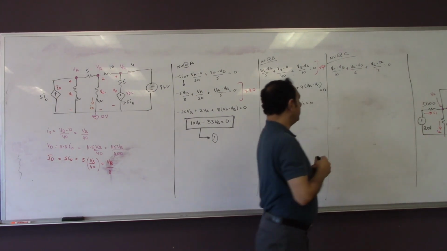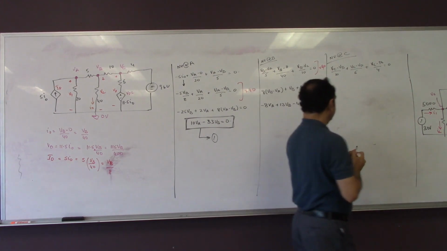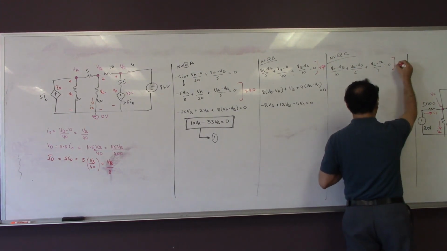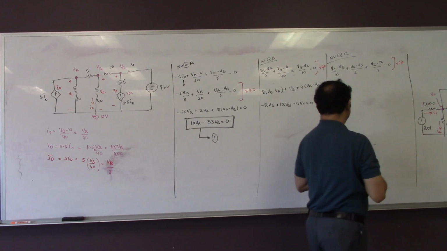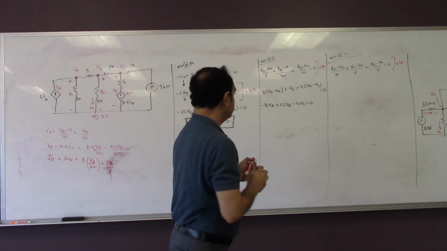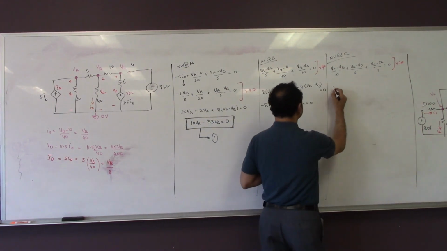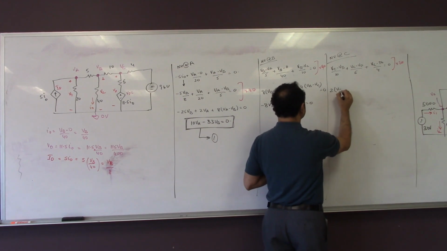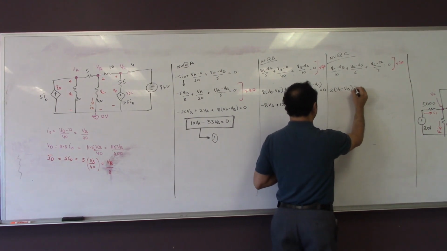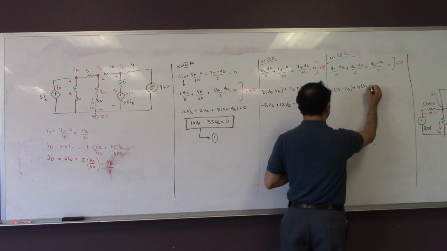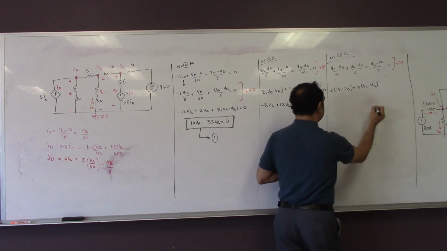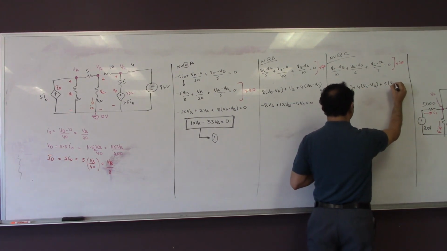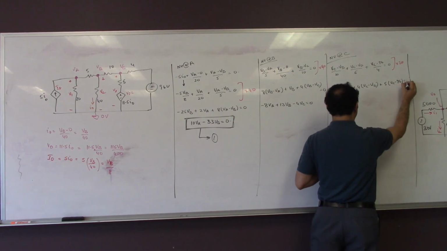So we'll multiply this by 20 so that we can easily get rid of things here. If I do that, it will be 2 times (VC minus VB) plus 4 times (VC minus VD) plus 5 times (VC minus 96) is equal to 0.